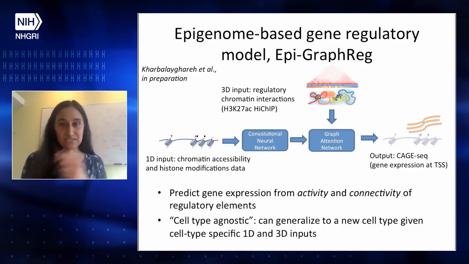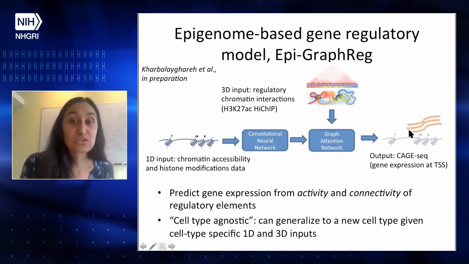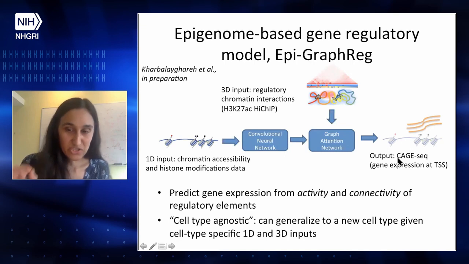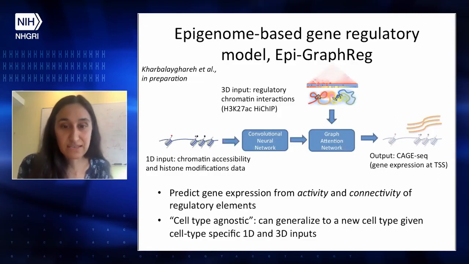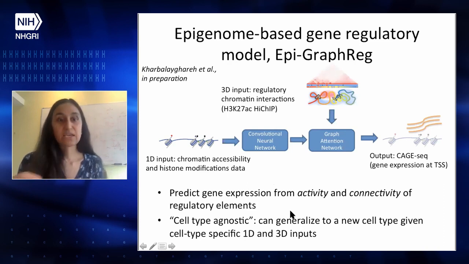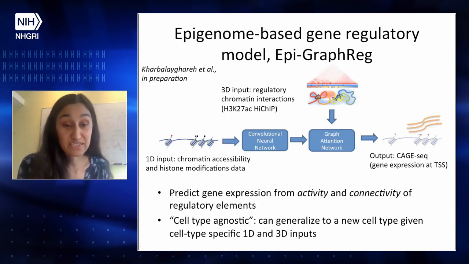And this allows us to pass information between enhancers and promoters. And then we predict the promoter output as measured by CAGE-seq, okay, which is a tag-based protocol that maps promoter activity, the output at specific transcription start sites. Okay, so roughly speaking, this model predicts gene expression from the activity and connectivity of regulatory elements.